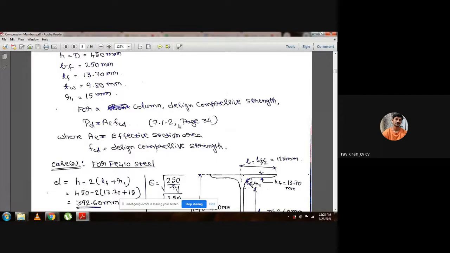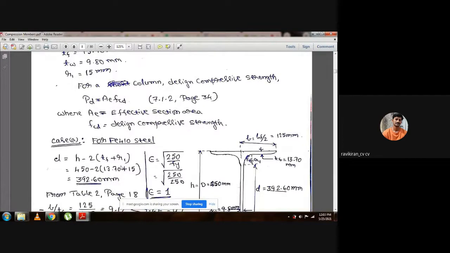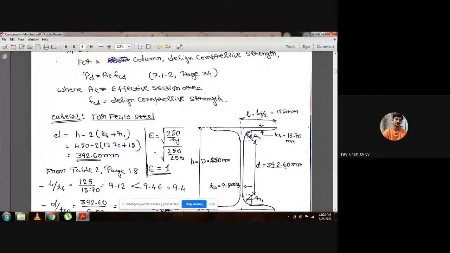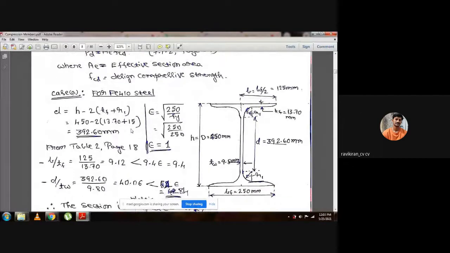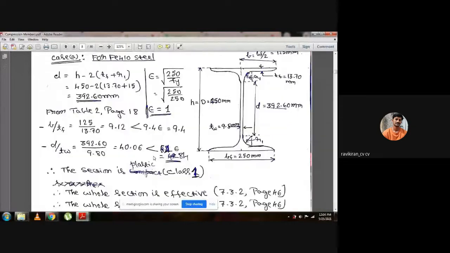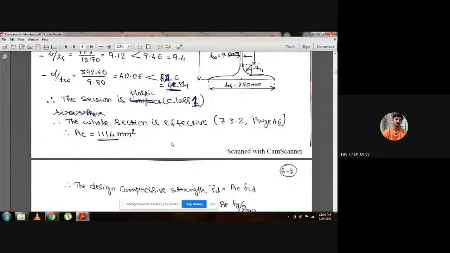So how do we calculate for case A, what we have considered for Fe 410 steel? First, we should consider what type of section it is, whether it is a plastic section or not.